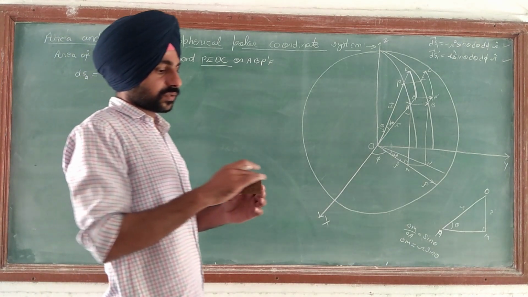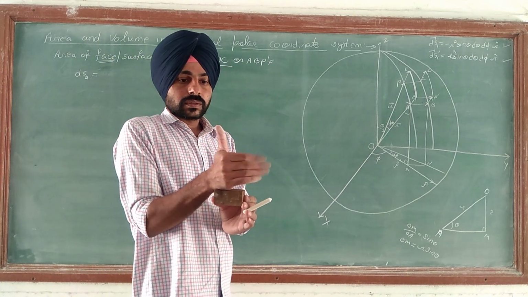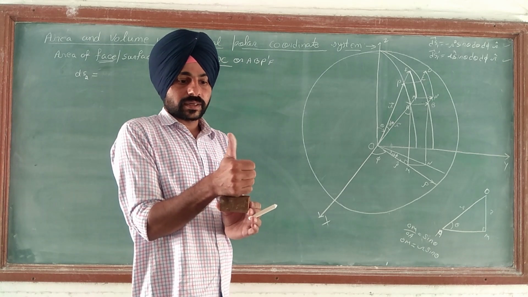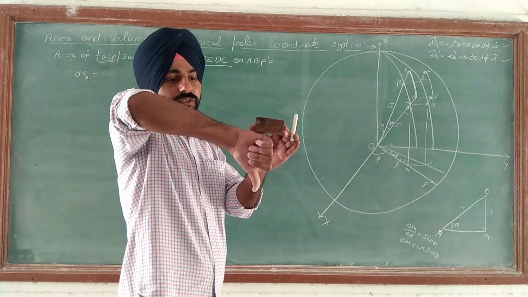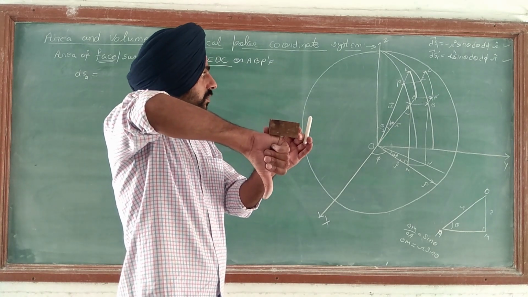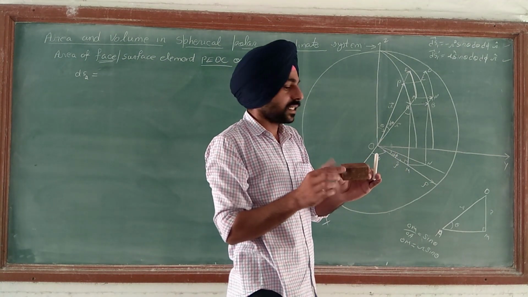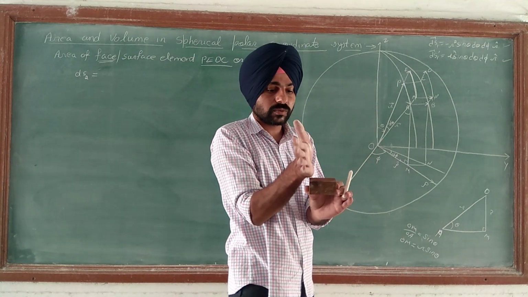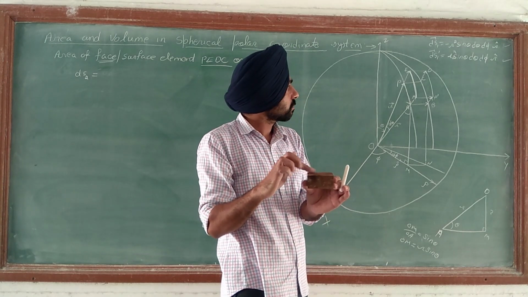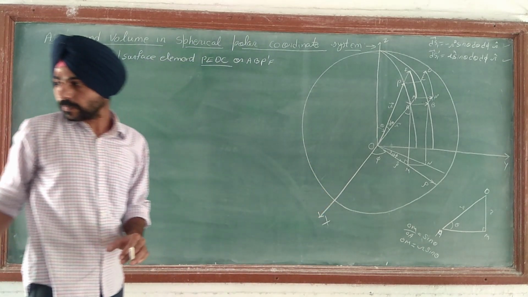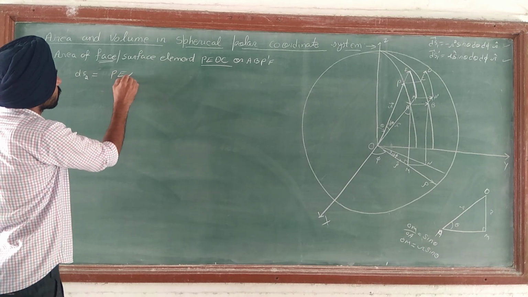From the right hand rule, the thumb direction should be upward for the upper face and downward for the lower face. So this point is P, this is E, this is D, this is C, so we have to move from PE to PC. So what is PE cross PC?